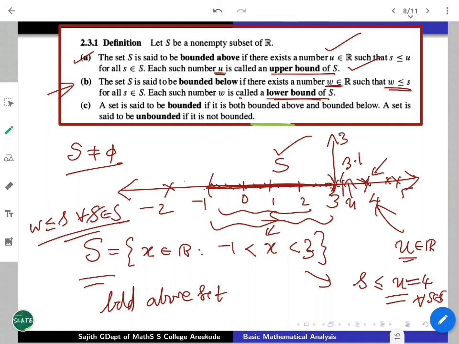So this set is bounded below if I am able to find something. See, -2 I can take in this case as a lower bound, or -1 itself I can take, but nothing greater than -1. Anything smaller is obviously going to be a lower bound, but nothing greater than -1 is going to be a lower bound for this set.